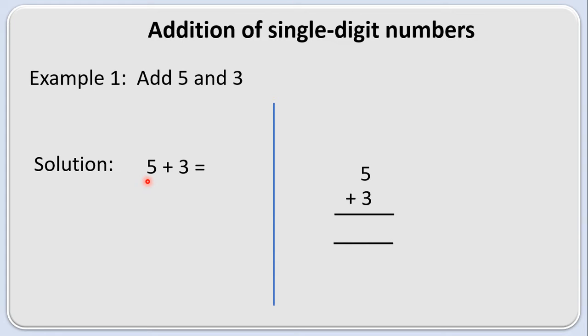So this is the horizontal format of writing down the numbers for addition, and in vertical format we will write down the numbers one below the other as shown here.